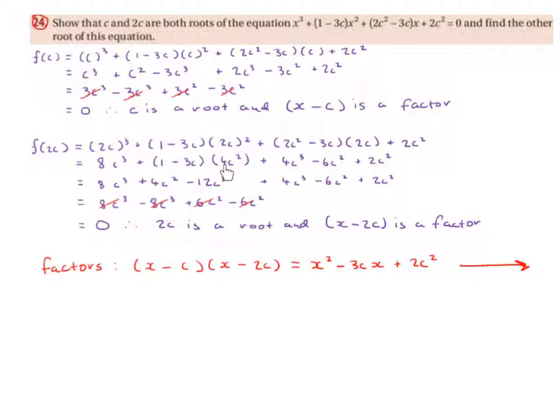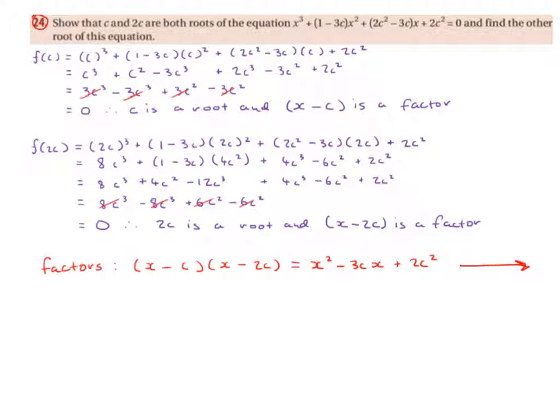1 times 4c squared is 4c squared. Minus 3c by 4c squared is minus 12c cubed. And we bring everything else down. We bring down the 8c cubed. Then the minus 12c cubed plus 4c cubed will give us minus 8c cubed.